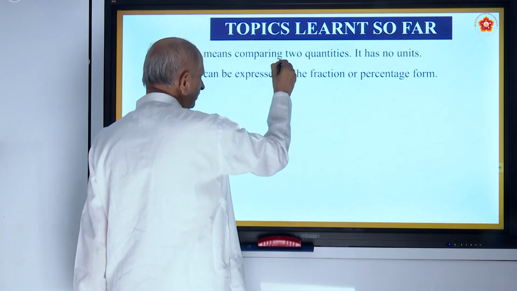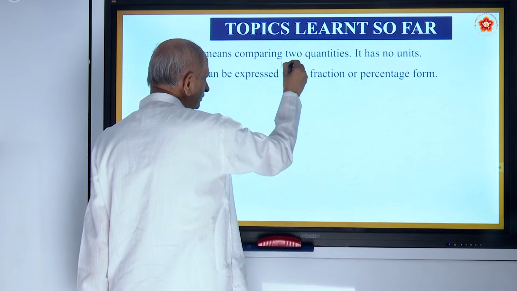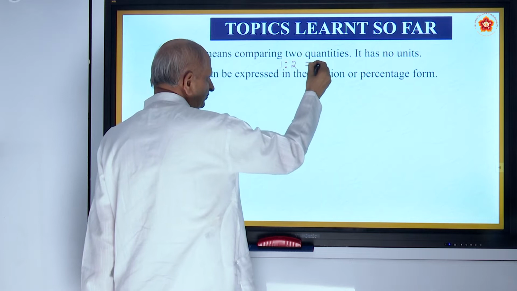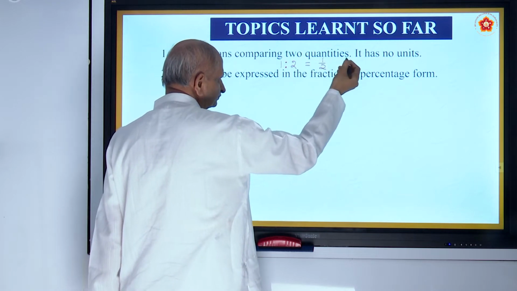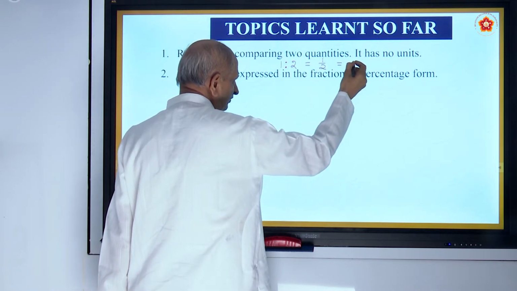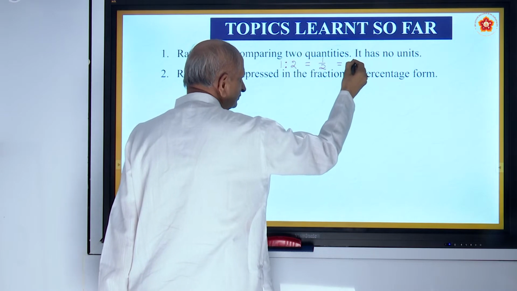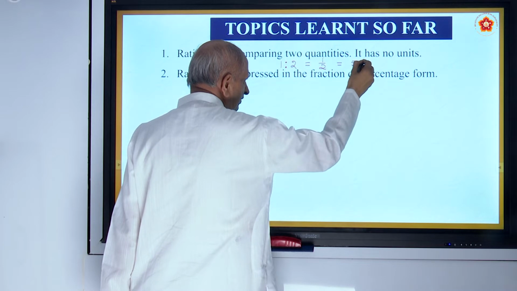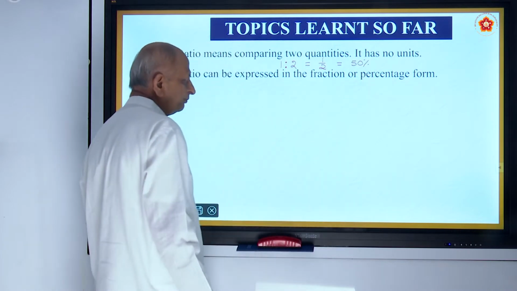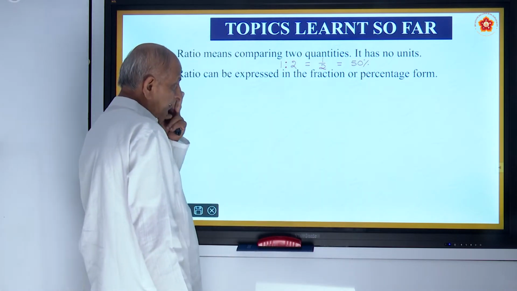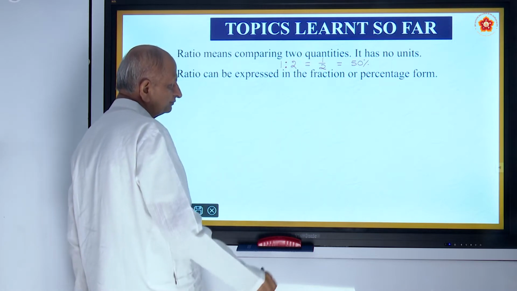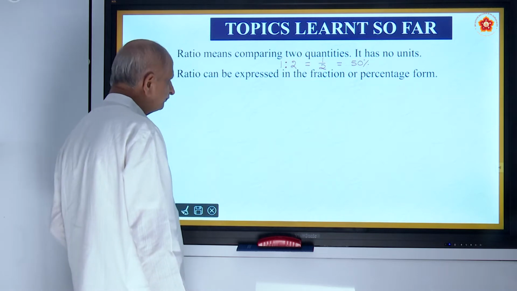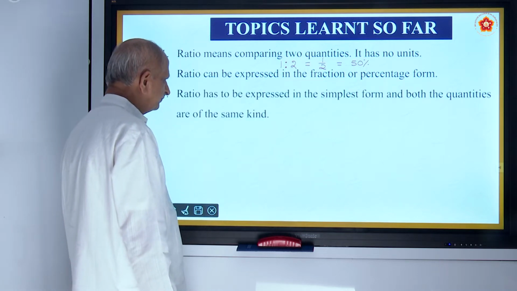For example, if you have a ratio 1:2, the fraction form of this will be 1/2 and percentage form will be 50%. 1/2 means 1/2 into 100, that is 50%, correct? So like that you can express the ratio in different forms also.